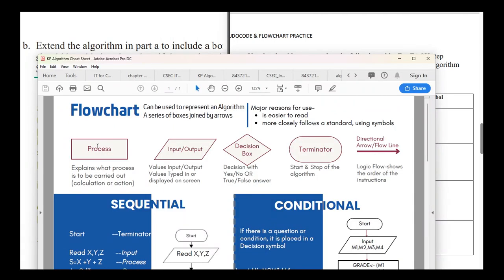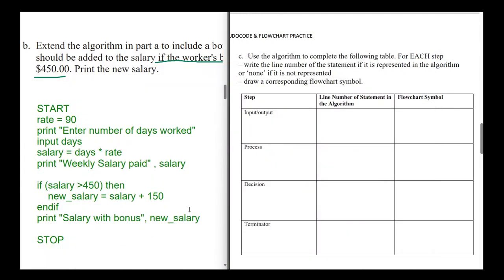We have the process box, which explains what the process is to be carried out, whatever calculation or actions. We have input or output values typed in or displayed on the screen, the decision box, a decision with a yes or no, true or false answer, the terminator, which is start and stop of the algorithm, and the flow line, which tells you the order of the instructions, right? So that's what we'll basically be doing.